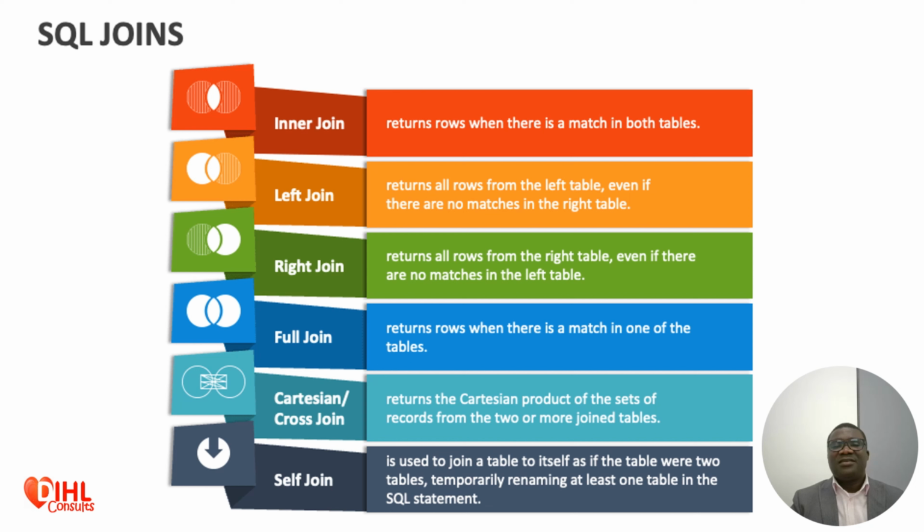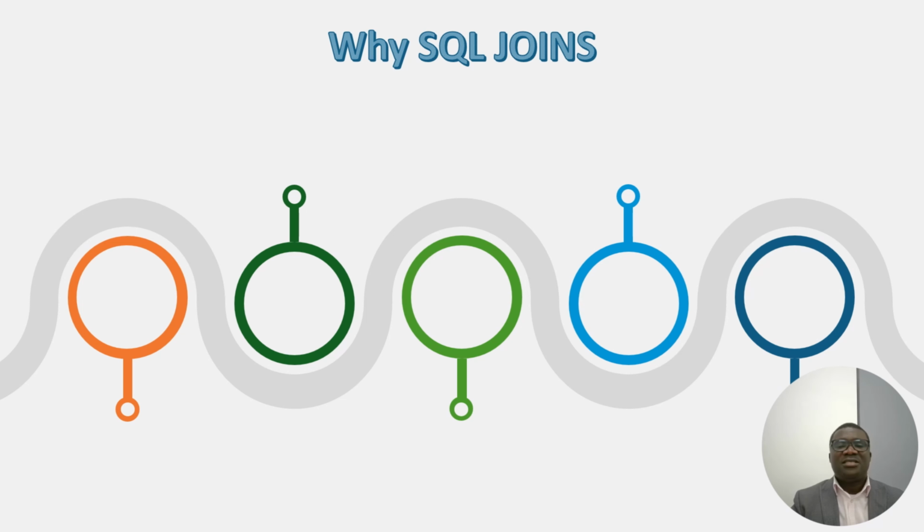Self join is used to join a table to itself, as if the table were two tables, temporarily renaming at least one table in the SQL statement. All of these will be demonstrated in SQL Developer for proper understanding.